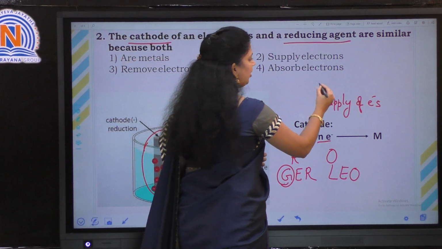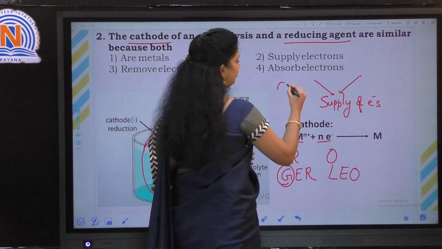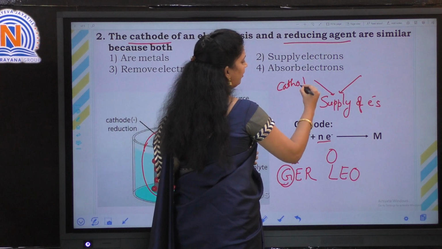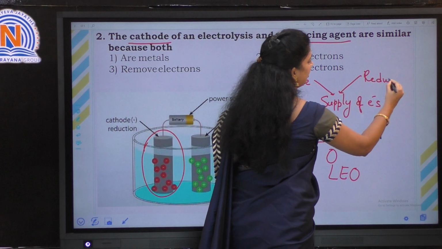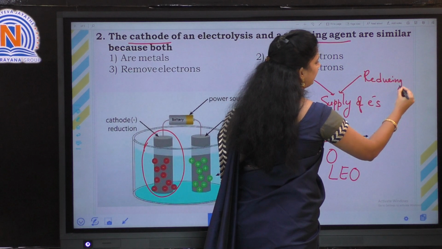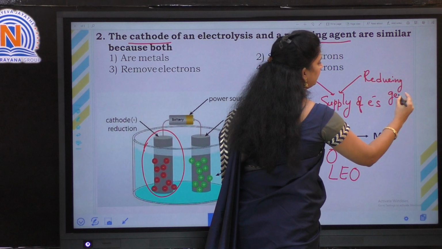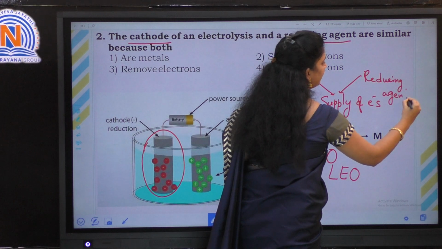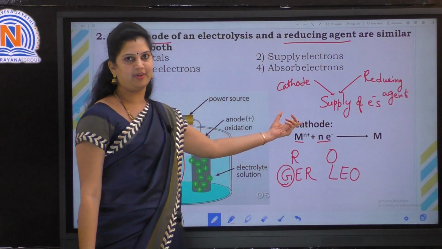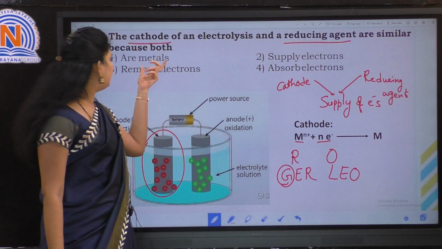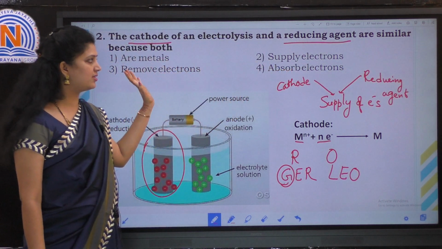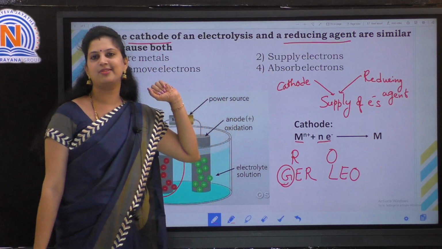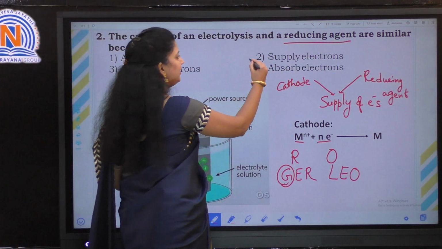So when I talk about cathode in electrolysis and also the reducing agent, I got a common factor that is nothing but supply of electrons. So among the given options, they are metals, they can supply electrons; they can remove electrons is wrong, and absorb electrons is also wrong. So what is the correct answer here?